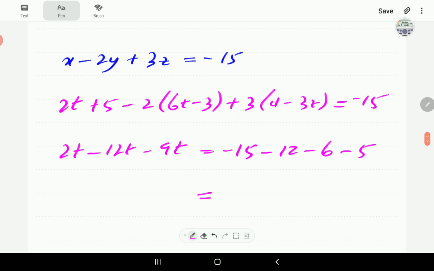So let's see, 2 minus 12 is minus 10, so this is going to be minus 19t. On the other side, minus 15 minus 12 minus 6 minus 5.